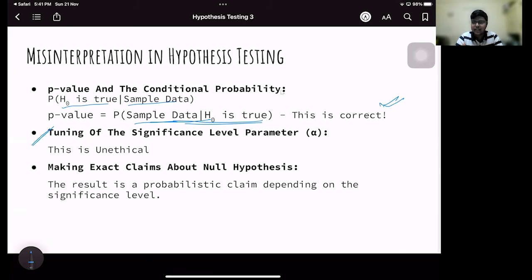So we can only say that if we are rejecting the null hypothesis because the p-value is less than the significance level parameter alpha, then we are rejecting it with, let's say, 95% confidence, or up to a certain probabilistic confidence. We can never say that the null hypothesis is totally incorrect. So that is the misinterpretation. These three misinterpretations are very important.